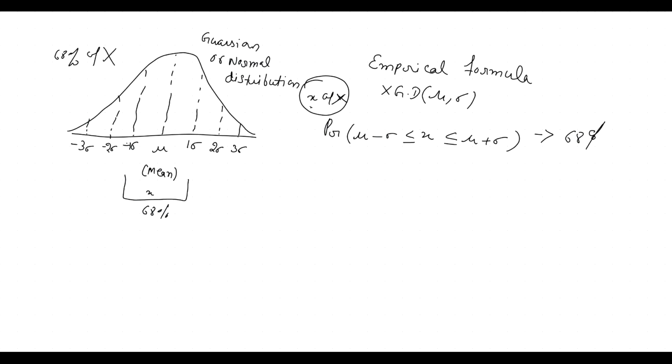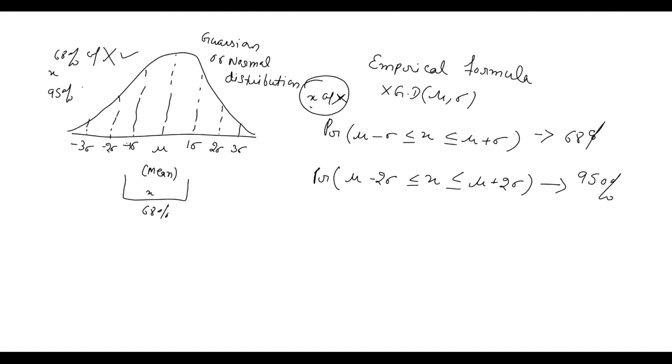It can be x, this is a random variable. The next probability is -2 sigma less than or equal to this one, mu plus 2 sigma. It is going to cover up 95% of the distribution of this variable.